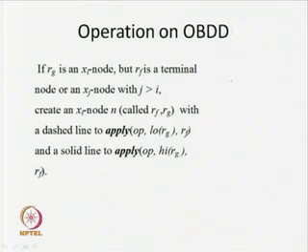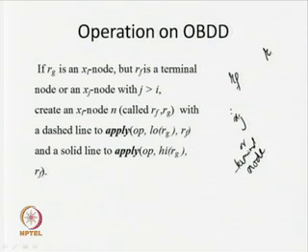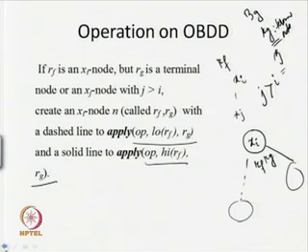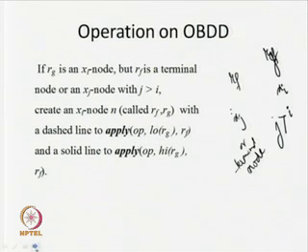What we are saying is that RF is an xj node or terminal node, and RG is an xi node, and here j is greater than i. This is a similar situation to the previous one, but in that case RF was an xi node, and now RG is an xi node.